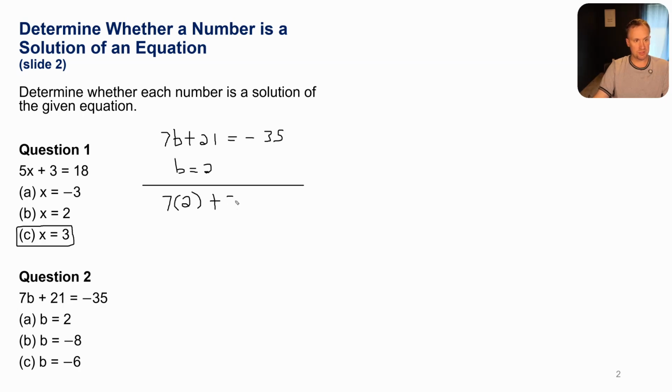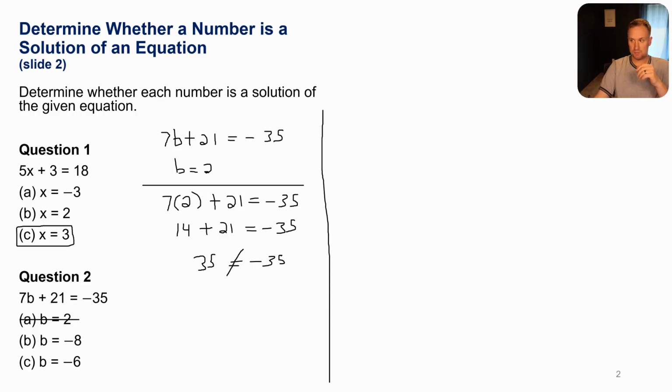Now I have 7 times 2 plus 21 equals negative 35. 7 times 2 is 14, plus 21, and 14 plus 21 gives me a positive 35. Well, I have a negative 35, so a positive 35 does not equal a negative 35. So we need to put a slash through our equal sign.